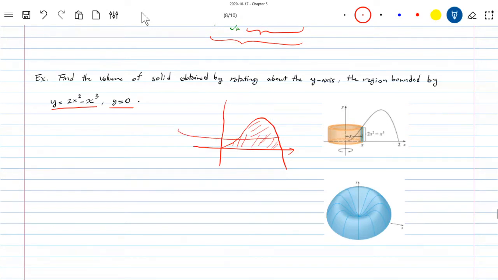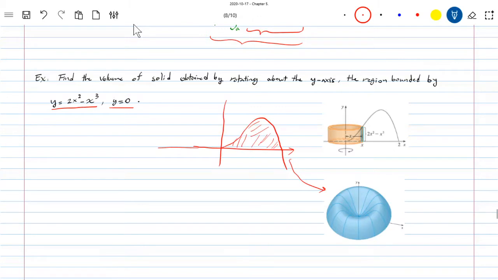If you rotate this about the y-axis, you'll create this shape. My graphing is not good enough, that's why I picked the pictures. So this shape by rotation is what you get in this picture.